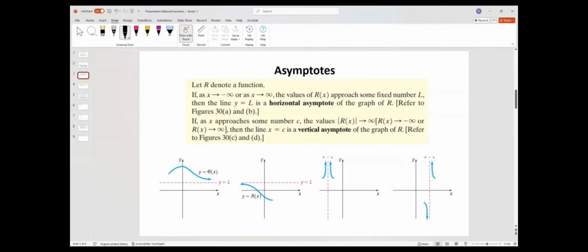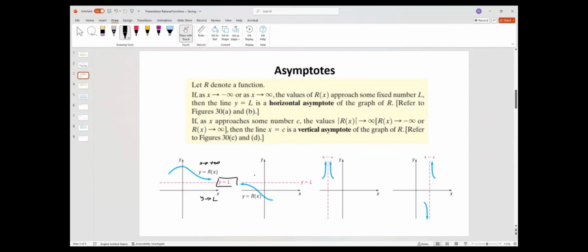You see how as x here approaches positive infinity, y is approaching the line y equals L. So y approaches L. In this case, you see how y approaches L, so this line y equals L is the horizontal asymptote.